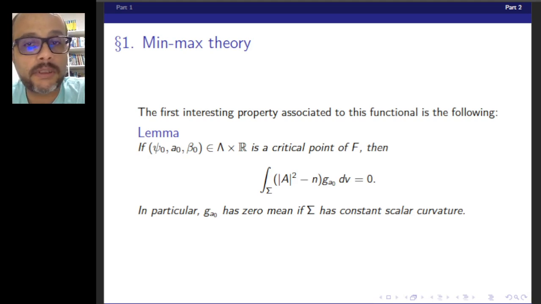In particular, such function G will have zero mean if the scalar curvature of Sigma is constant.